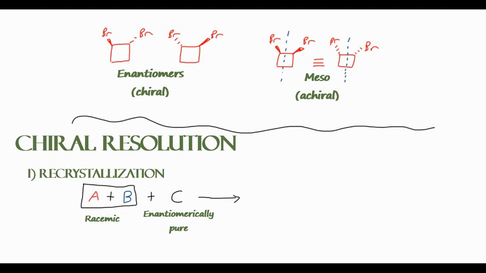So we only have one enantiomer of C. If we form a salt out of those compounds, then what we get is a mixture of diastereomers, say AC and BC. Like I said, those diastereomers will have different physical properties, so it's much easier to separate them using conventional means. We can separate them and then decompose the salt into its constituents, which will yield us the pure enantiomers A and B separately.